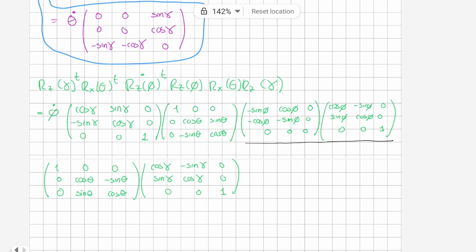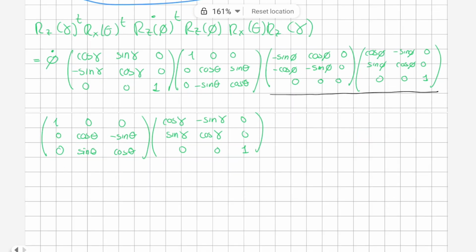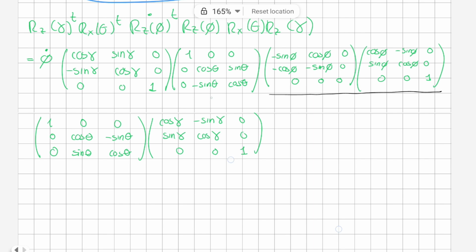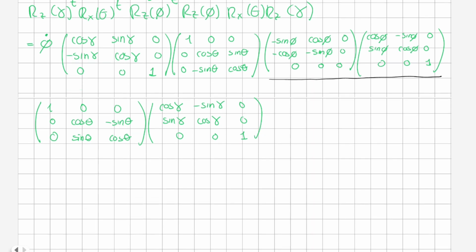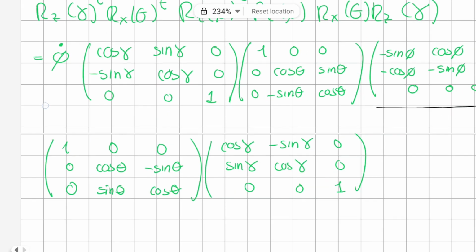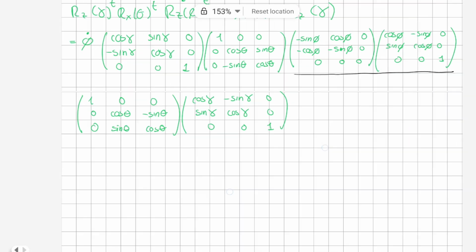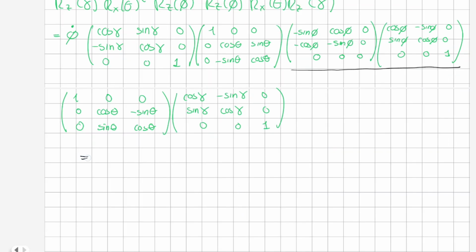I mention that because the result is only going to depend on theta and gamma. And that matrix will be only of two variables, but it will be multiplying phi dot. So a very curious fact. I'm not going to make all these products, but I'm going to tell you what the result is.